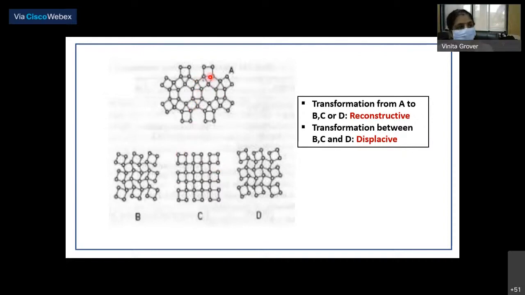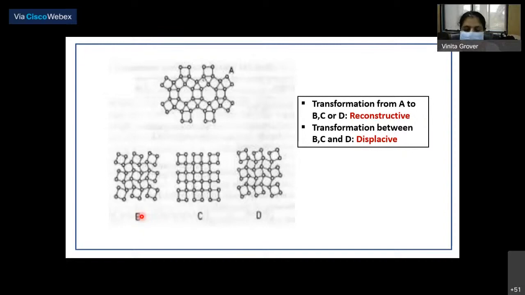So transition from this to any of these is the reconstructive phase transition. You are breaking and reconstructing. But if you want to convert B to C or B to D or C to D, or whichever way among these three, you just have to tilt these squares. And that is why the transition among these three is the displacive phase transition.